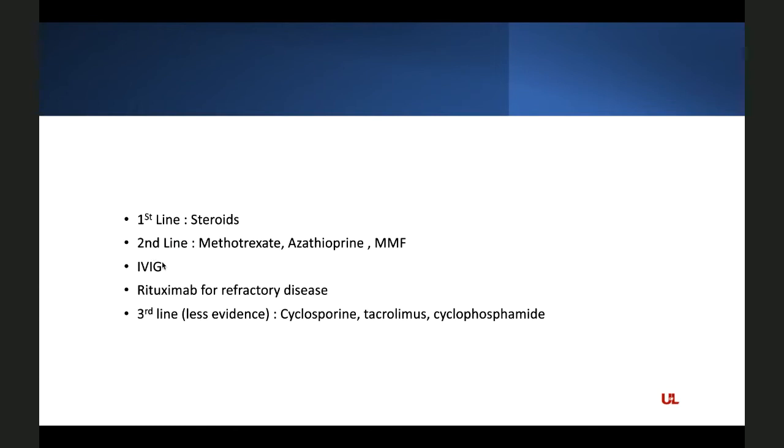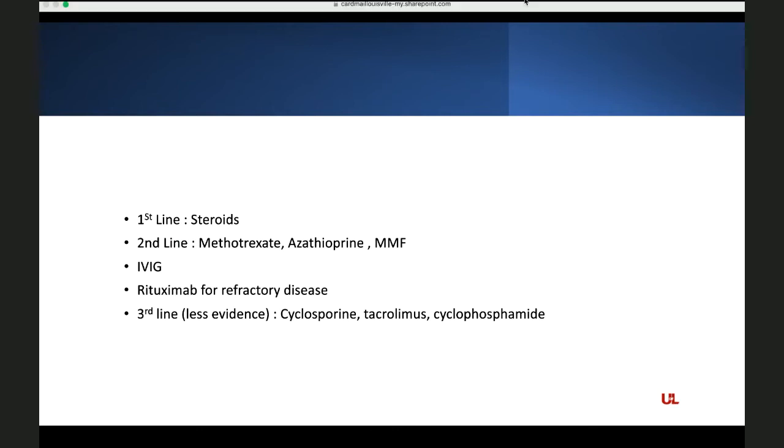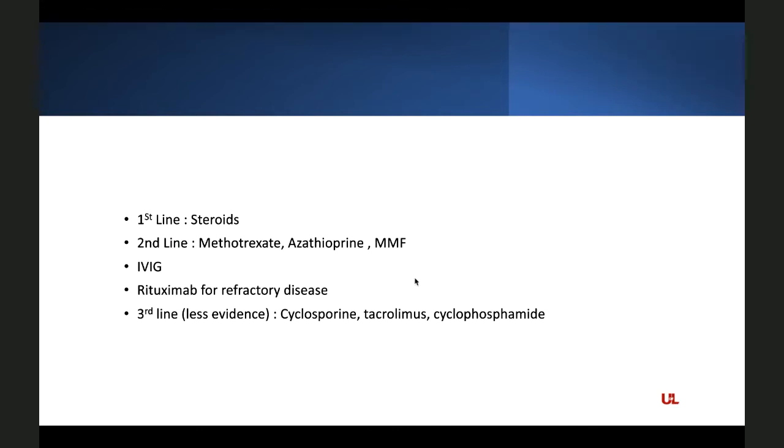Then we have IVIG as well, which we use a lot more for dermatomyositis, given that there is a complement pathophysiology as well. And then rituximab is mainly used for refractory disease. For the last 3, cyclosporin, tacrolimus, and cyclophosphamide, we have less evidence for these treatments.